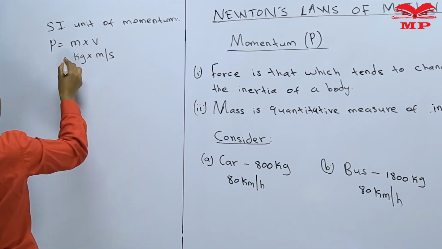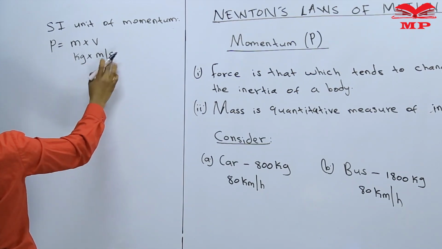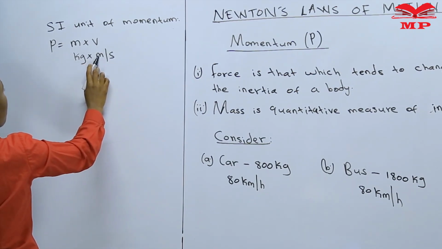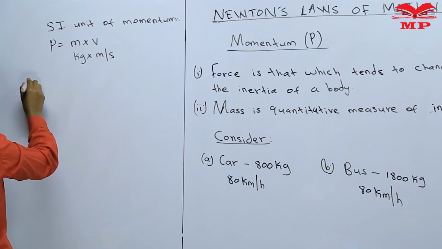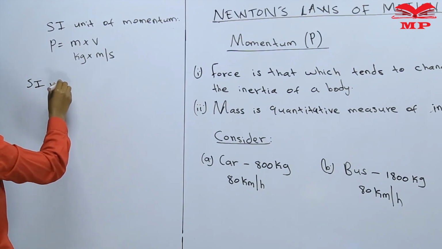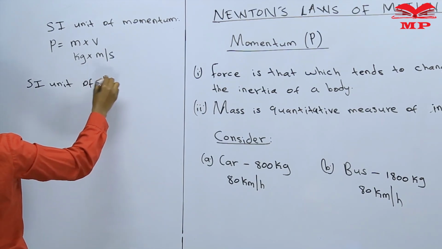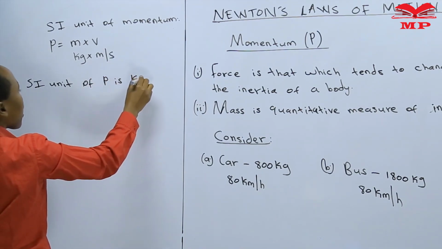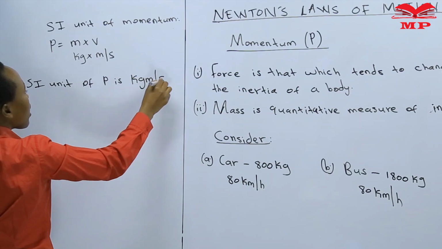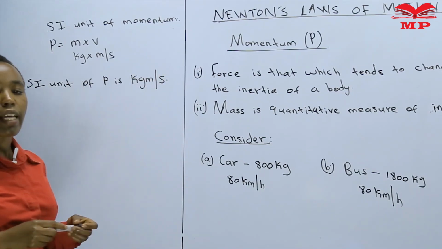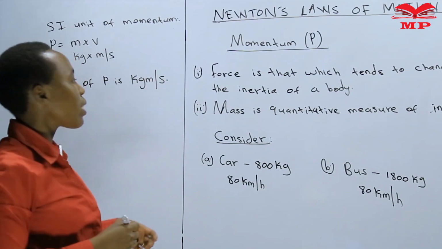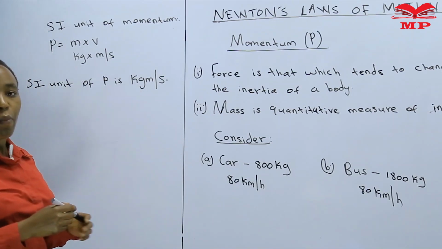When you combine these units, you get kilogram meters per second. And therefore, the SI unit of momentum is kilogram meters per second.